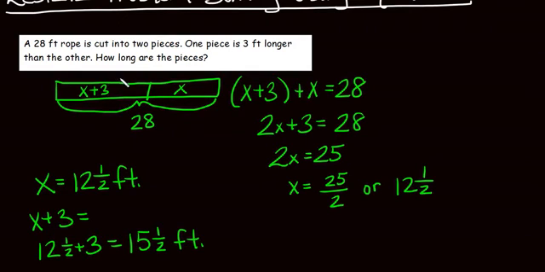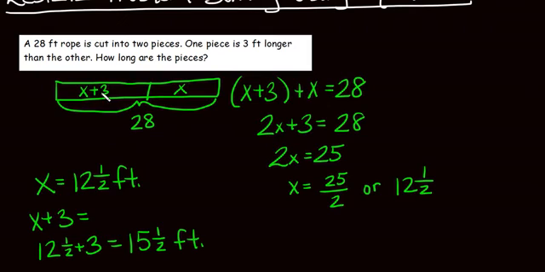And it tells me that it's cut into two pieces and that one piece is 3 feet longer than the other. So this must be where it's getting the start from to get the extra 3 feet. I'm going to just assign this as X. This is my one part.